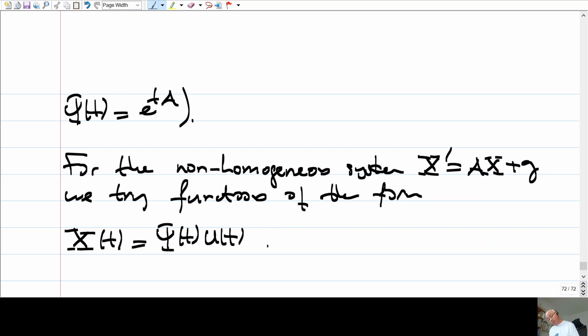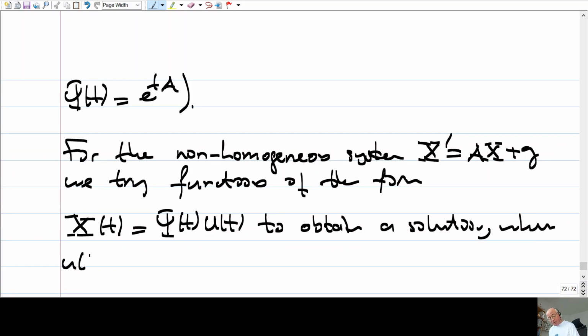Okay. To obtain a solution of the non-homogeneous equation, where u(t) is a suitable vector valued function.